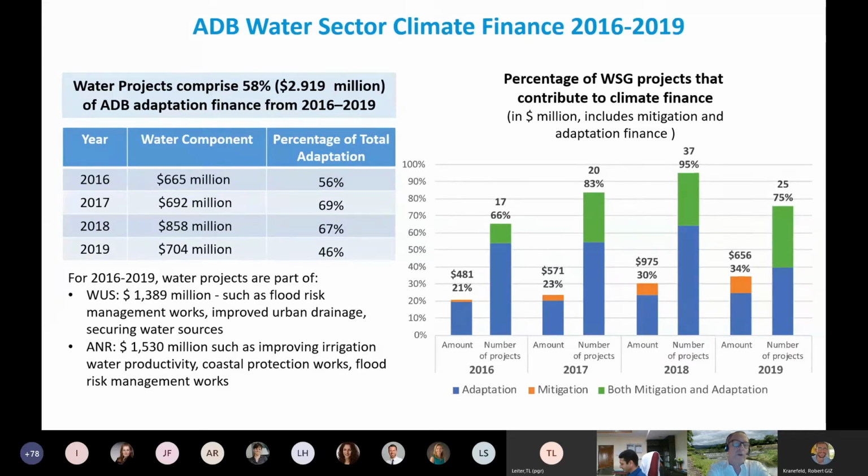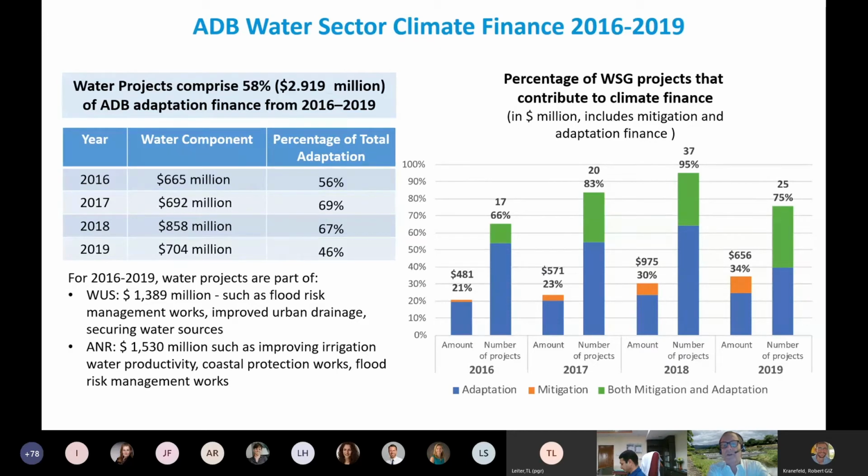When I say we, the water sector, and that's both water supply, sanitation and wastewater, as well as agriculture, natural resources, environment, and as indicated by Robert at the beginning, agriculture is a big part of what we're doing in terms of climate adaptation.